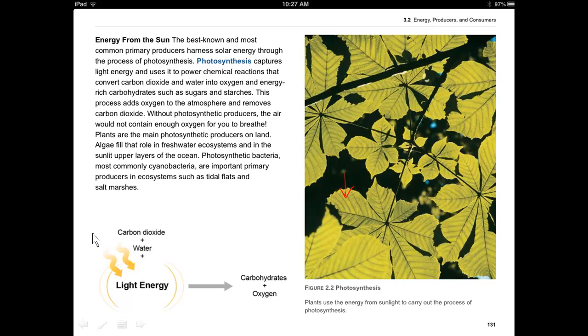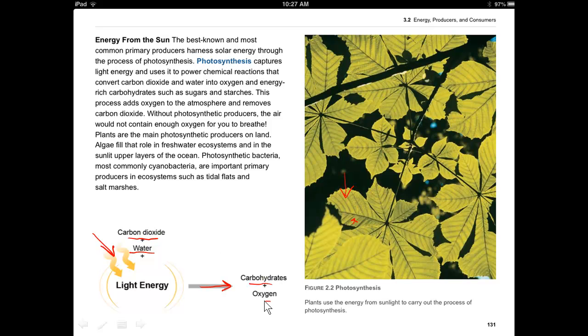And the sunlight, along with water, which of course the plant will bring up from its roots, and carbon dioxide, which the plant can take in from the underside of its leaves through stomata. The three of these things enter the chemical reaction of photosynthesis, and they produce carbohydrates, which are sugars, and that's what the plant can use for food.